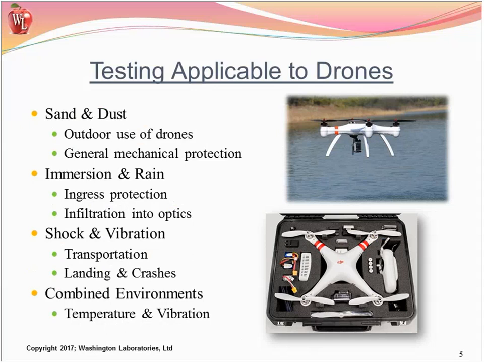Immersion in rain. This one gets into primarily how manufacturers think their products are going to be used versus how they're actually used. Drones have kind of jumped up out of really nowhere rather quickly. So people are using them for all kinds of strange things. Realtors use them to take aerial photos and flyovers of property they're selling.